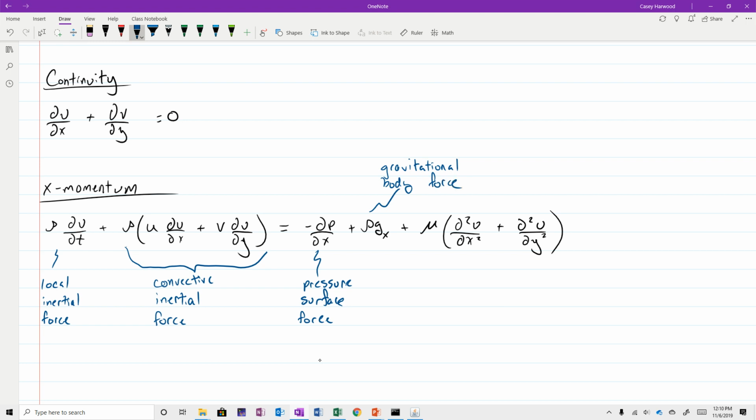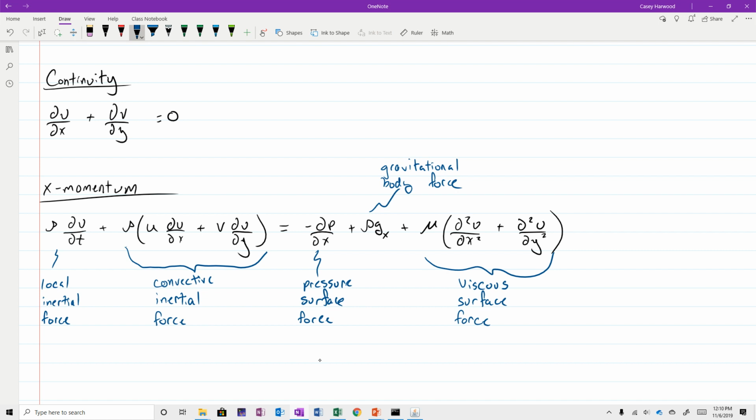And then this last term here we thought of as the viscous surface force. Okay, so each term has its own kind of meaning. It all comes back to, if all of this is the ma side of the equation, the a is divided into local and convective terms, and all the F are due to pressure, gravity, or viscosity.